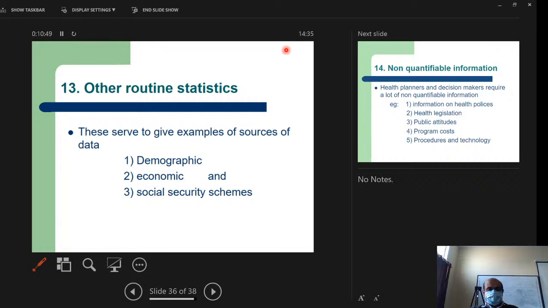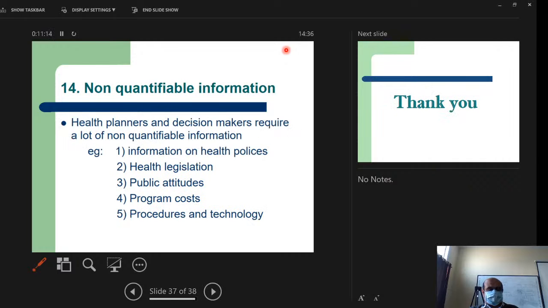So demographic data is the population, population study data. Economic, again, you understand economic data, and the social security schemes, the government schemes on social security, those.